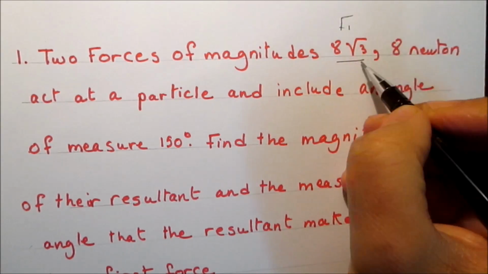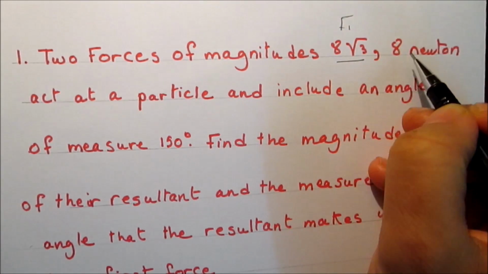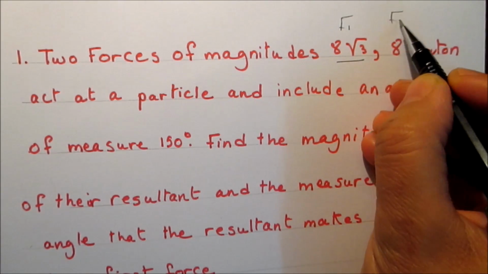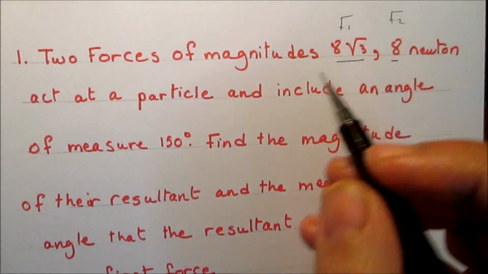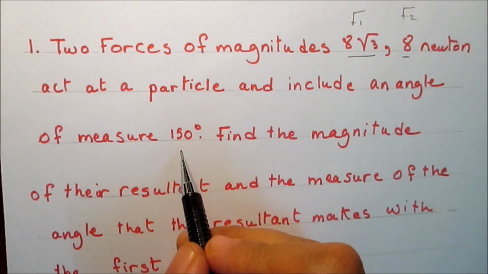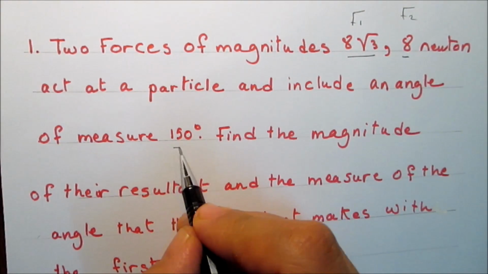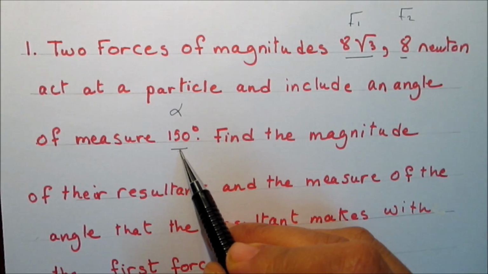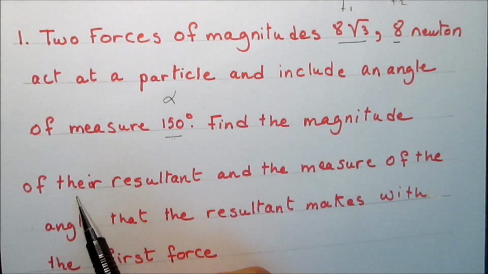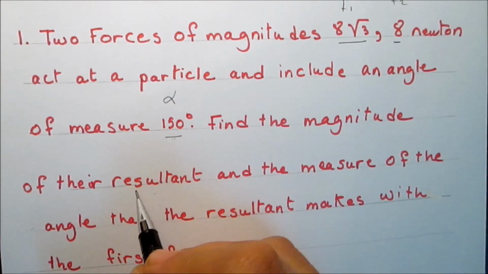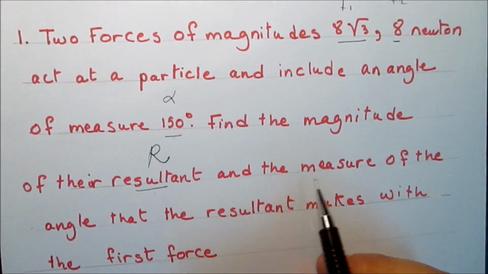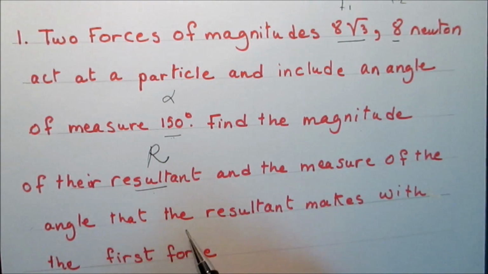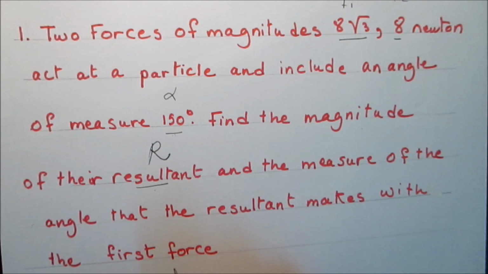Say F1 is 8 square root 3 Newton and F2 is 8 Newton, and the angle between the two forces, alpha, is 150 degrees. So we want to find R and theta.